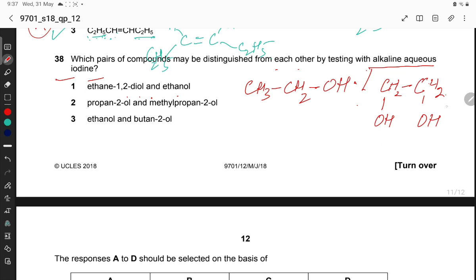This is oxidized to form carboxylic acid. This is also oxidized by alkaline aqueous iodine.